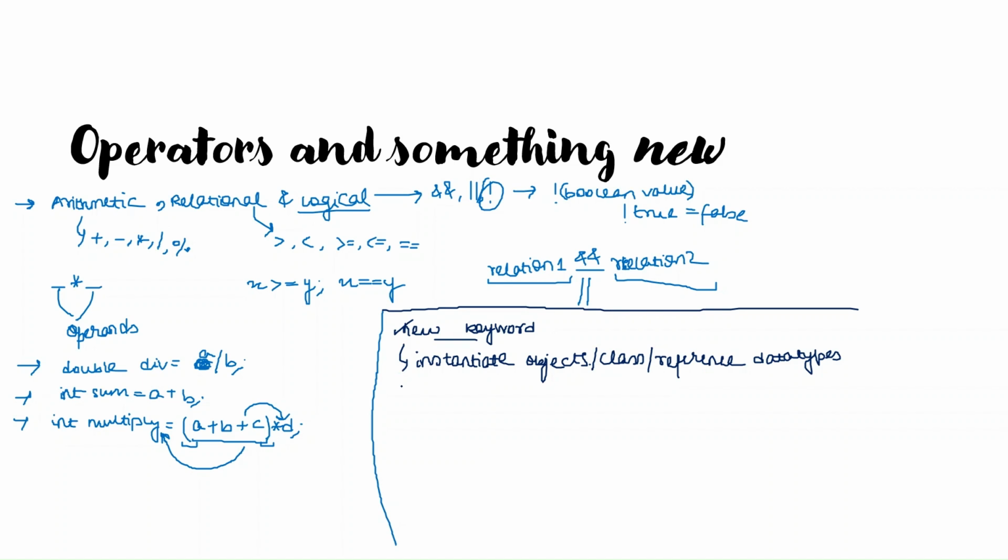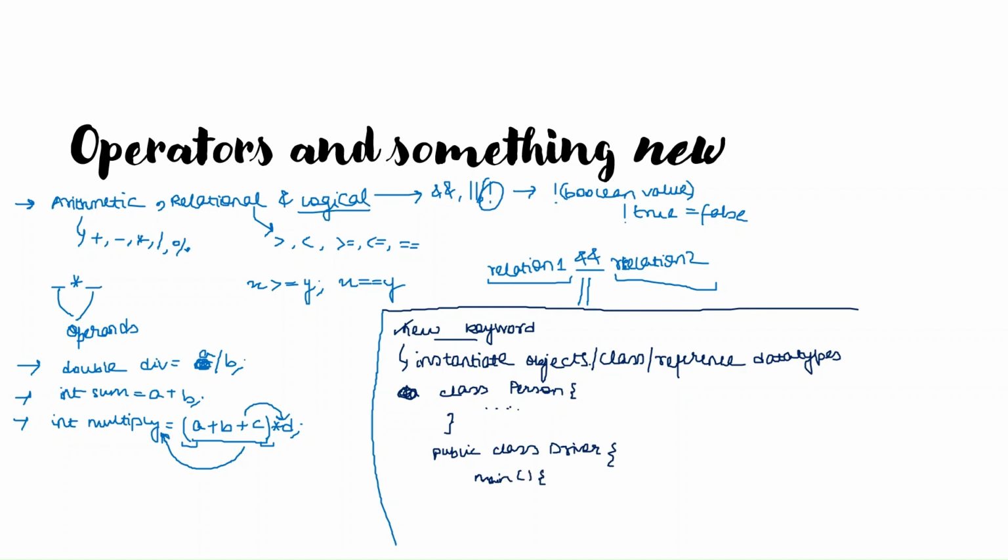How exactly do we do that? Let's say I have a class person, and I have another class which is a public class driver, and within the main method, I'm just writing raw code.